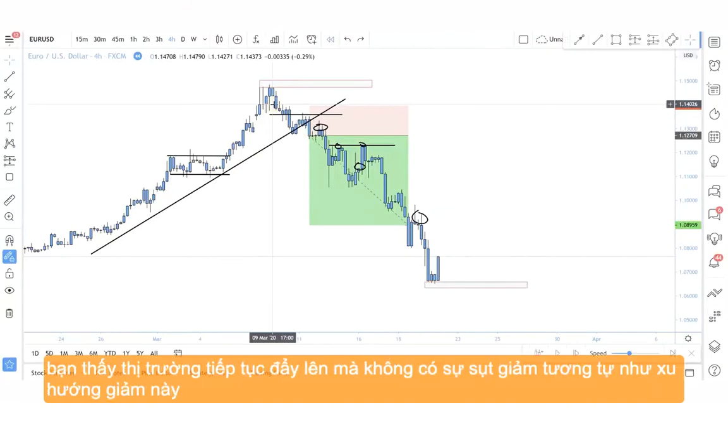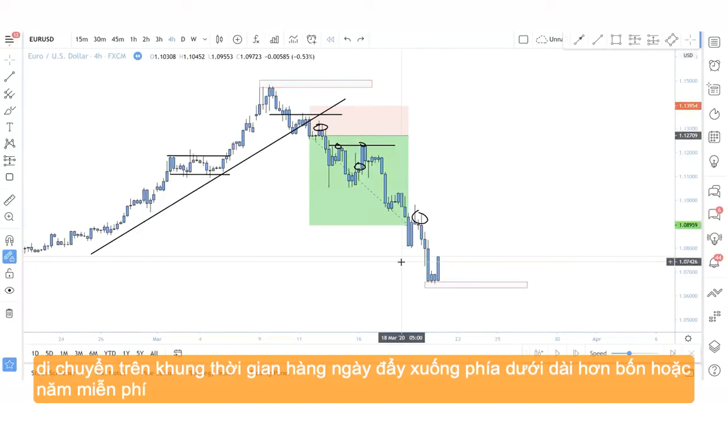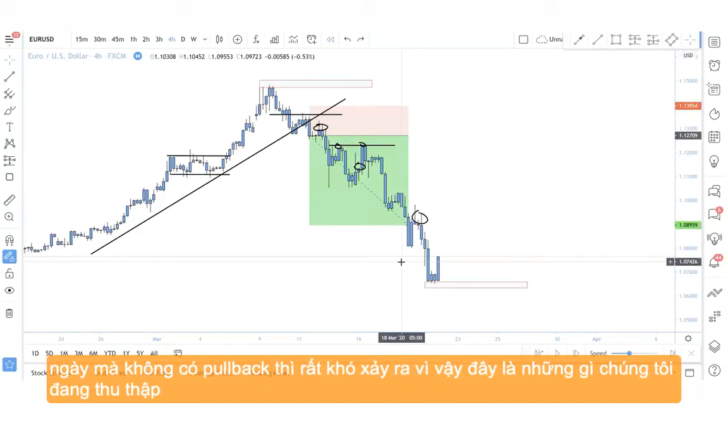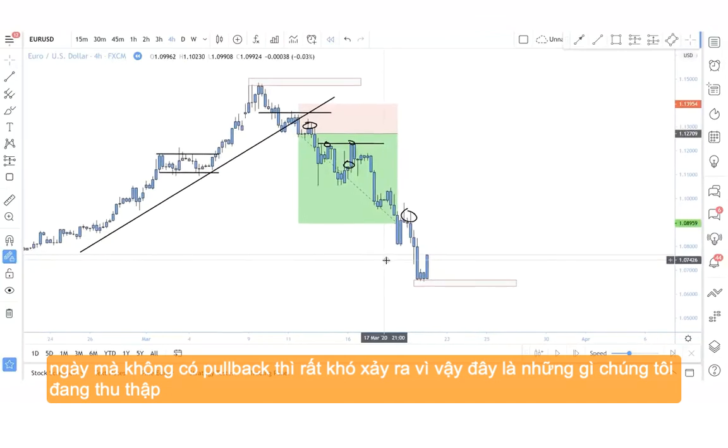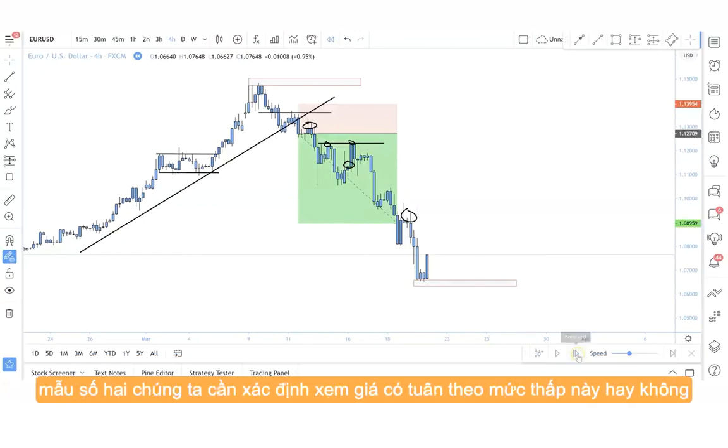How often do you see the market continue to push up without a pullback? Likewise, this downtrend is a representative of 2 to 3 daily candles. How often do you see the bearish move on a daily time frame push to the downside longer than 3, 4, 5 days without having a pullback? It's very unlikely. So this is what we're gathering to now start to figure out if we're going to have this reversal. So back to pattern number 2.